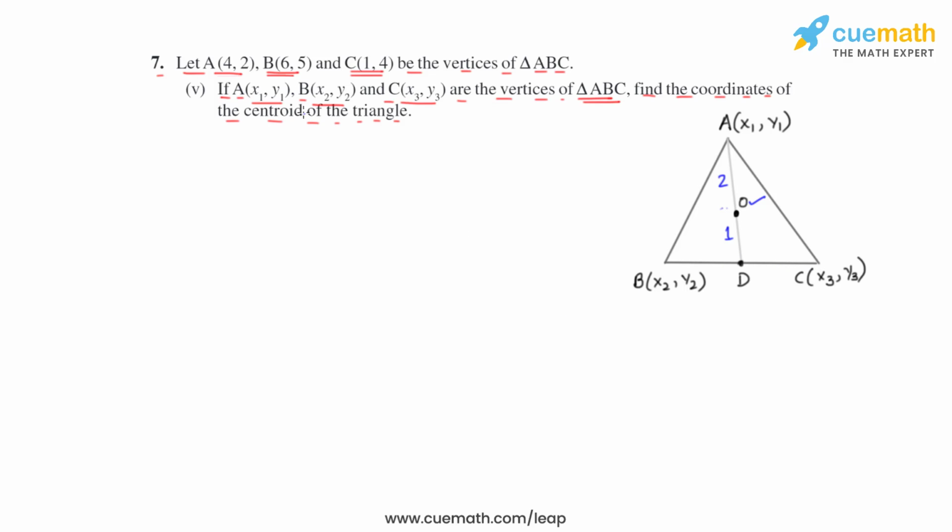So first we will find the coordinates of D using the midpoint formula, and then we will find the coordinates of O using the section formula. So coordinates of D are x2 plus x3 by 2, comma y2 plus y3 by 2.